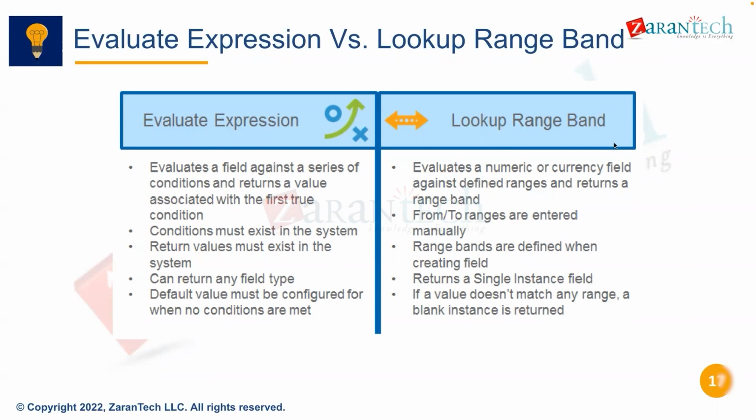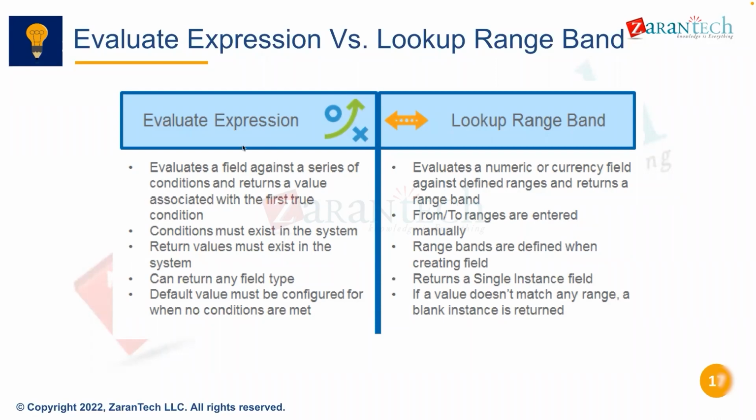We will see it once we have created both of them. Otherwise, I don't want to comment, because you won't be able to visualize what difference both of them hold, because they're kind of doing the same thing, giving us values against the conditions we are putting in.